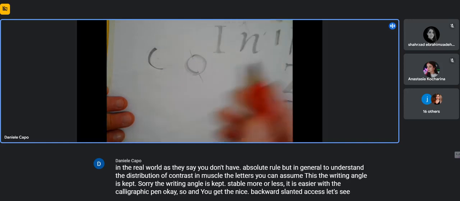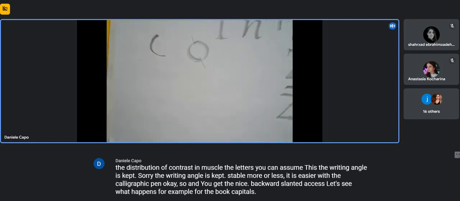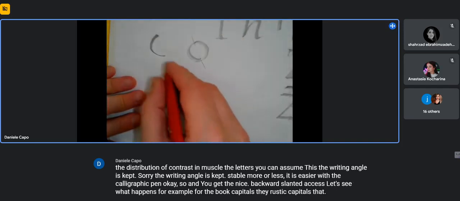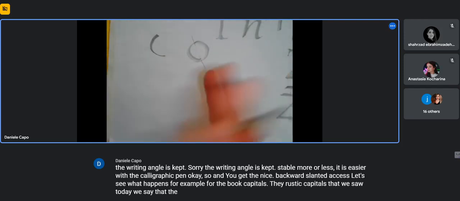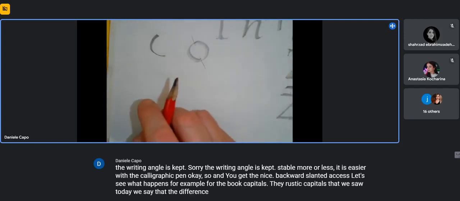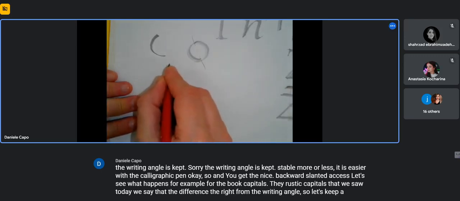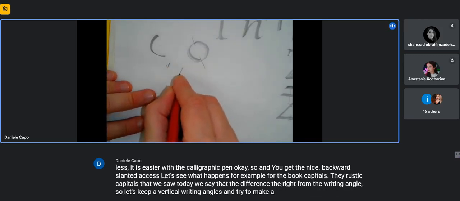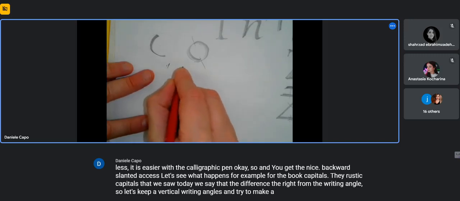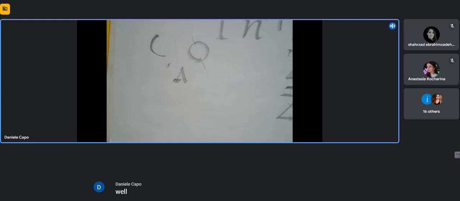Let's see what happens, for example, for the book capitals, the rustic capitals that we saw today. We say that the difference derives from the writing angle. So let's keep a vertical, steeper writing angle and try to make a voila.